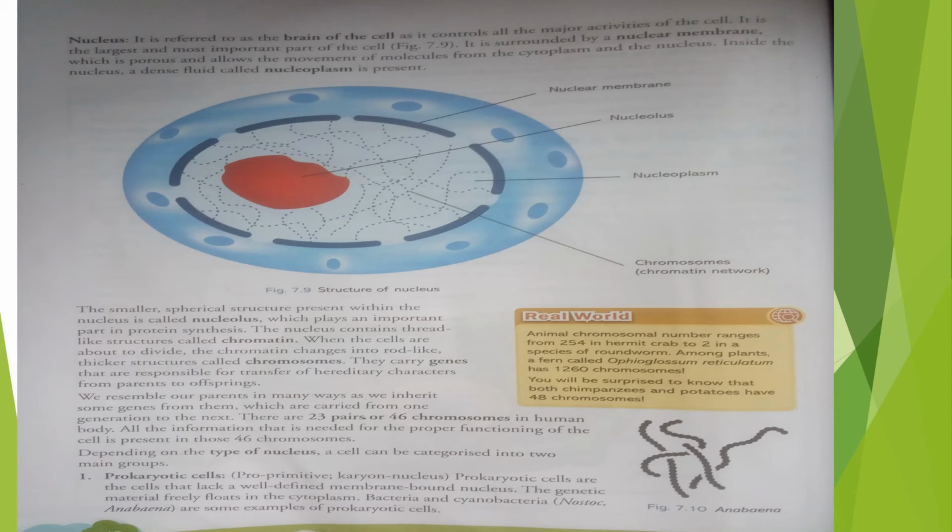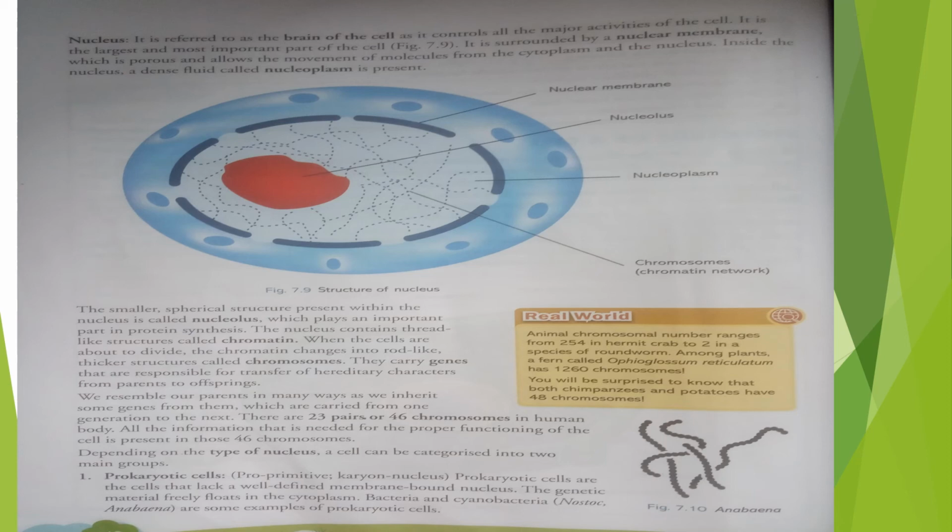We resemble our parents in many ways as we inherit some genes from them. So remember, whatever similarity your structure has with your parents is because some characters or heredity have been transferred into your body from your parent cell, carried by the gene only, and genes are contained in chromosomes.